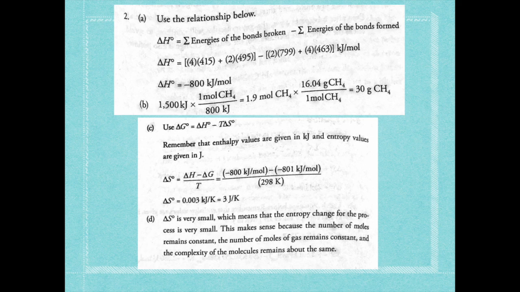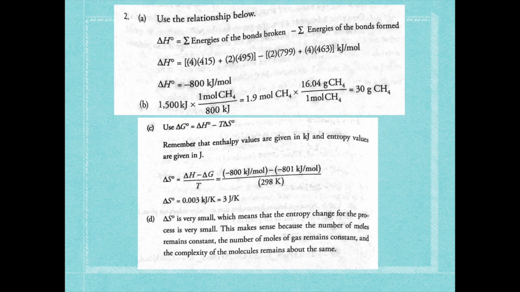Now for each O2, you have 1 O double bond O, but because you've got 2 moles of that, it's going to be 2 times that bond dissociation energy, which is 495, and you're going to subtract from that 2 times the bond dissociation energy for a carbon double bond to oxygen. And you do that because each carbon dioxide has 2 carbon-oxygen double bonds.